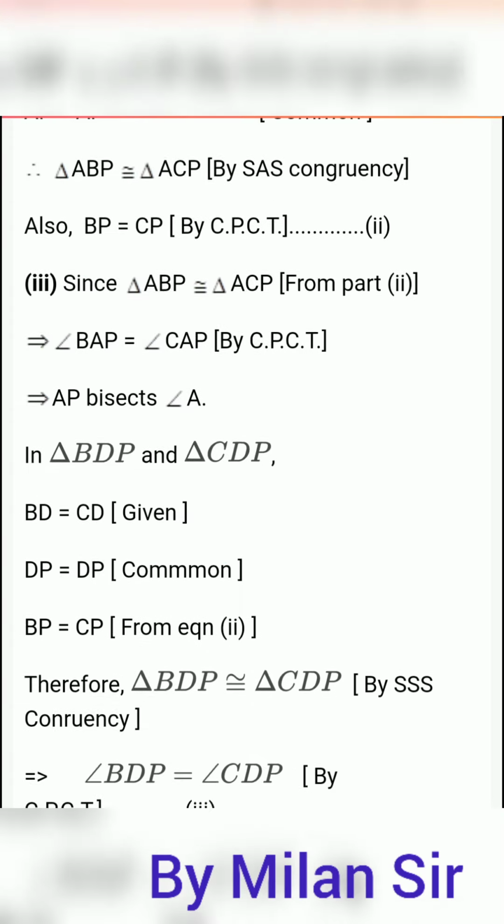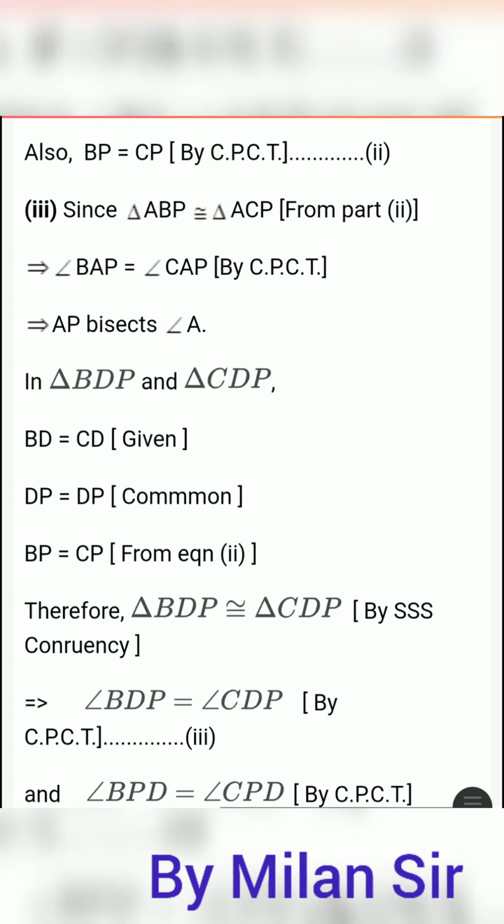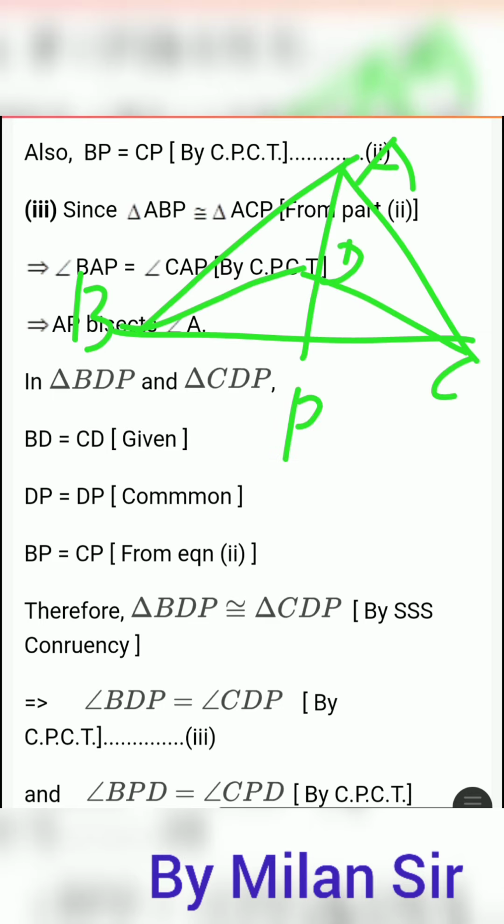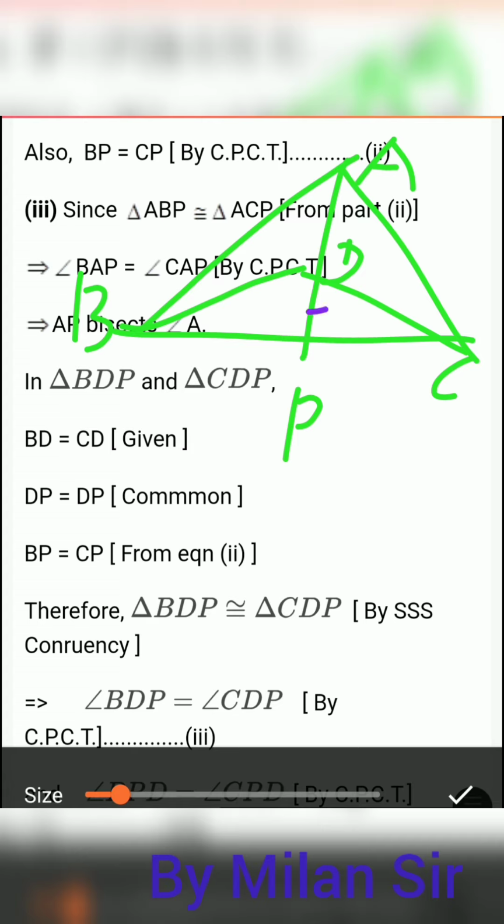In these two triangles, this is the common side, BD is equal to CD because DBC is an isosceles triangle, and the third thing we already proved, BP is equal to CP. So all three sides are the same.